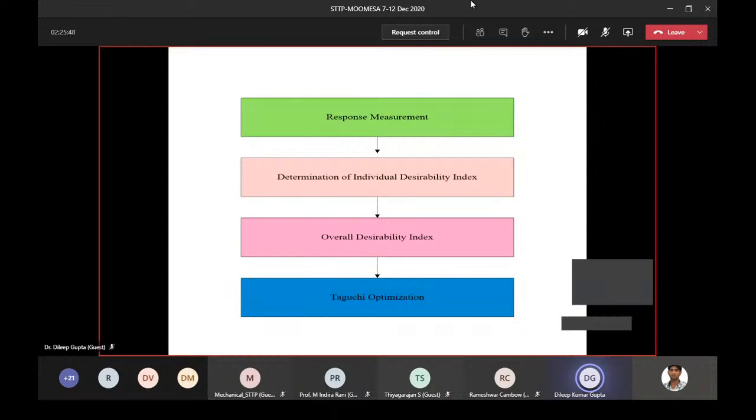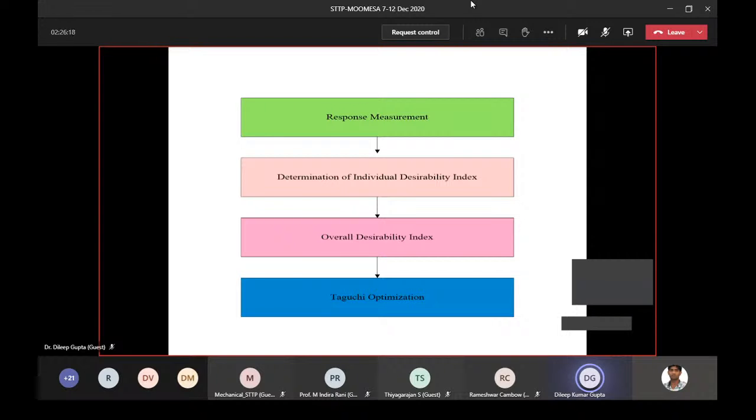Whenever you apply MADM or MODM techniques along with an optimization technique like Taguchi or some other technique, like gray Taguchi analysis, integration of gray optimization and Taguchi optimization, this type of combination will be more appreciated. So first we will use any MADM technique to prepare the data for the next optimization, right?